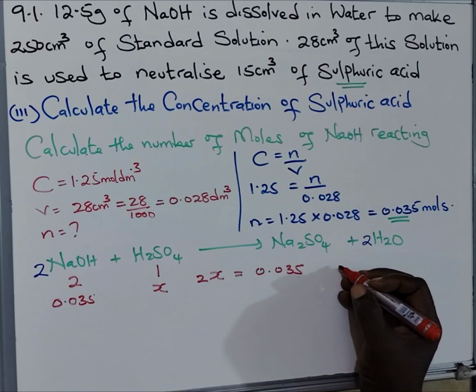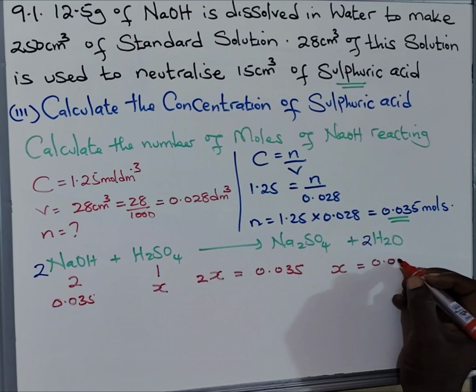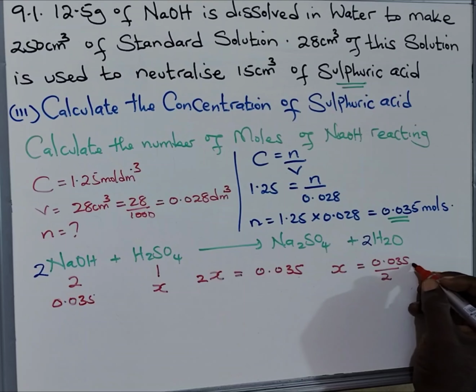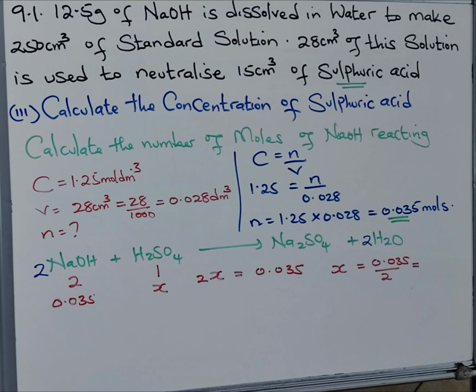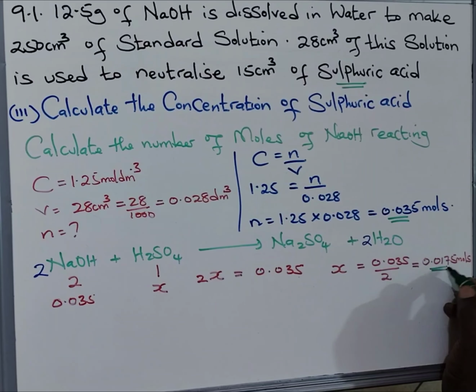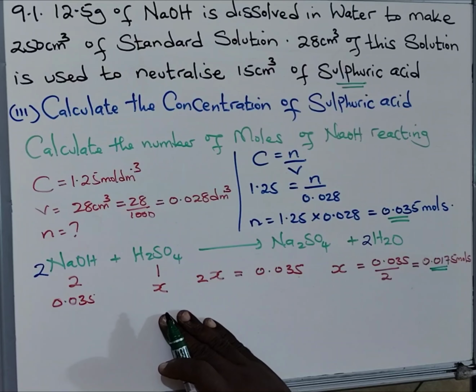So this means that x is going to be 0.035 over 2. So there we are. These are the number of moles of sulfuric acid which reacted.